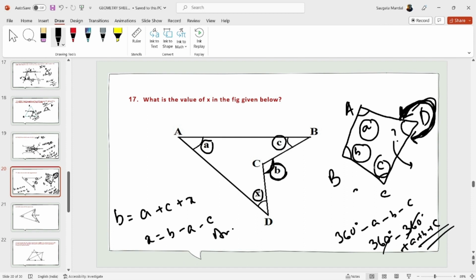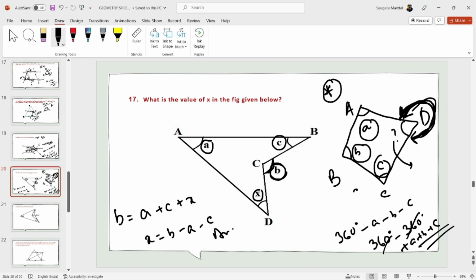This is the answer. We should know this concept. In a quadrilateral ABCD, one angle is A, another is B, and the other is C. Then what is the rest of this angle? Angle D, the internal angle of D. We know that in a quadrilateral the sum of all four angles is 360 degrees.